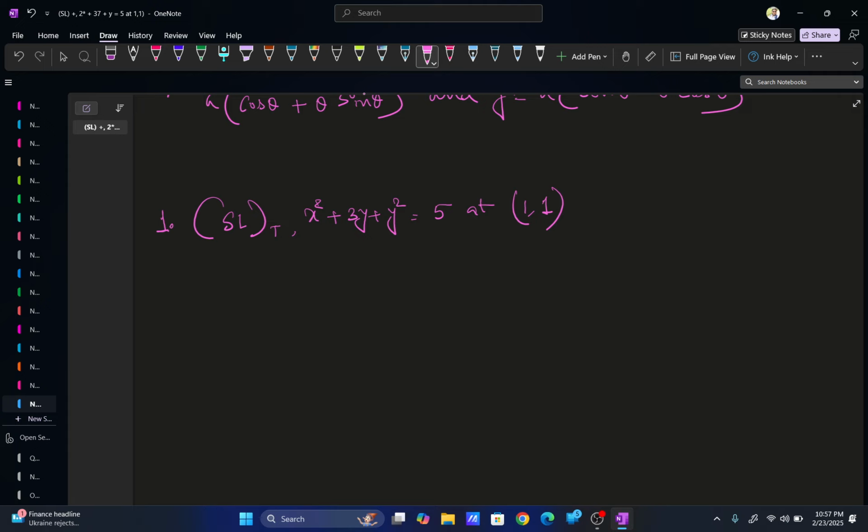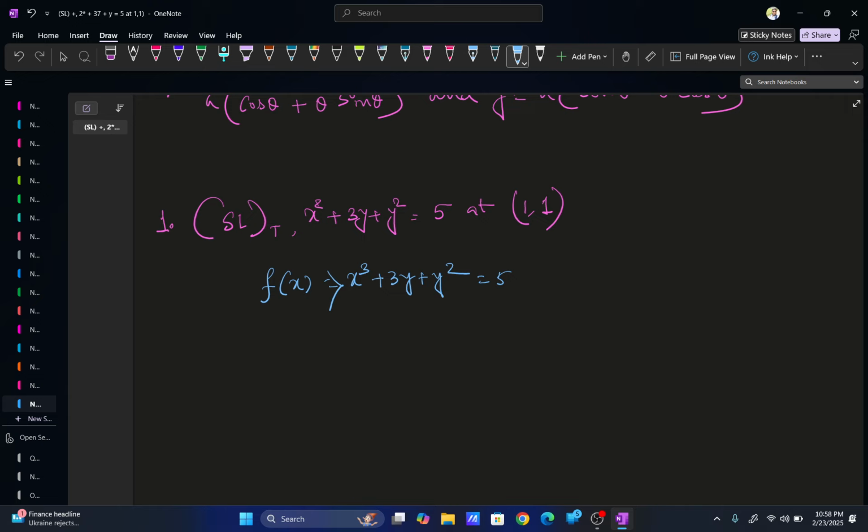In this question, what is our first step? The first step is basically to extract the function from this question. The function is this.